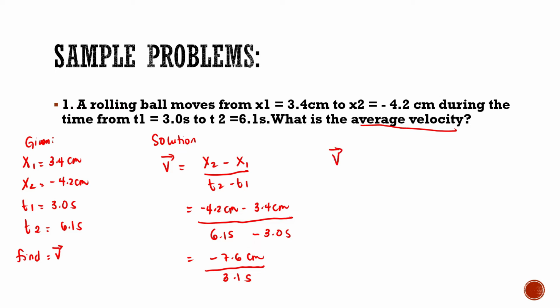We have 7.6 divided by 3.1. The answer is 2.45. So we have negative 2.45 centimeters per second. So that is your average velocity.